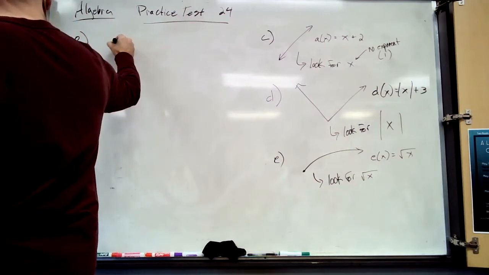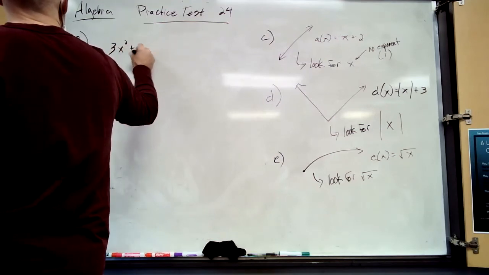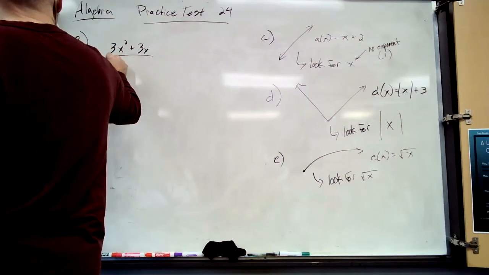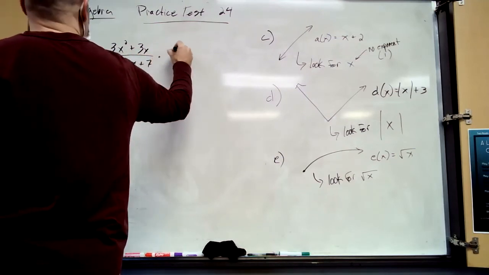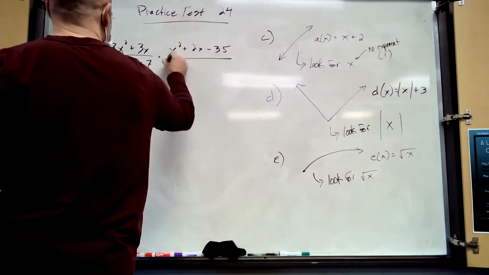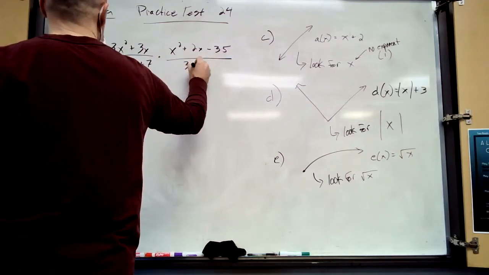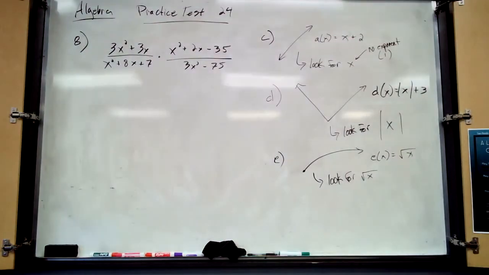So I'm going to do that first, and then I'm going to factor: 3x squared plus 3x over x squared plus 8x plus 7, dot, x squared plus 2x minus 35 all over 3x squared minus 75. Does everyone understand that first step? I just turned that into a multiplication problem. Division problems are just multiplication problems upside down. All right?